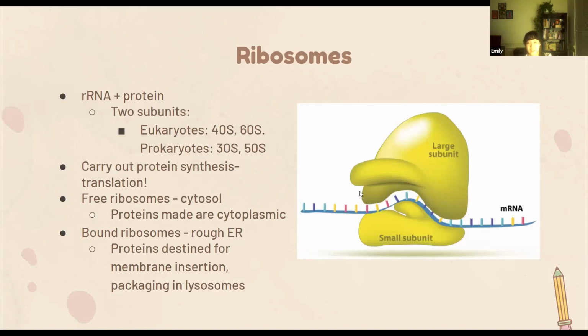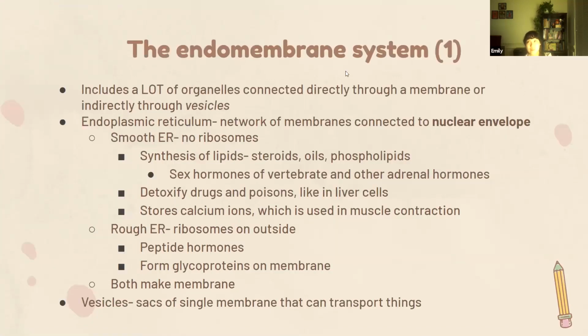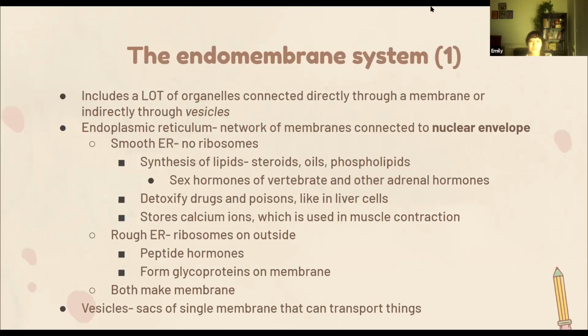Okay, now that we've looked at all four of the main components that all cells share, we're going to move to the eukaryote-specific ones. One of the main systems in the eukaryotic cell, besides the nucleus, of course, is called the endomembrane system.